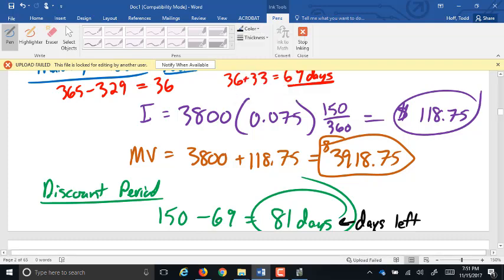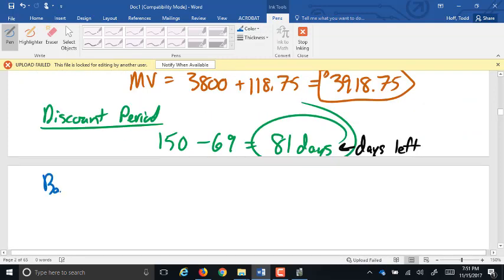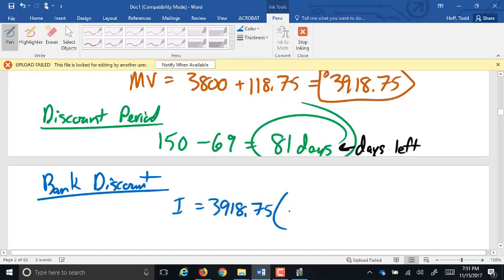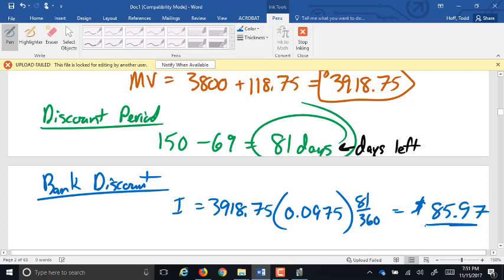So then the bank discount is that maturity value of 3,918.75 times 0.0975, the 9.75%, times 81 over 360, which gives us $85.97.